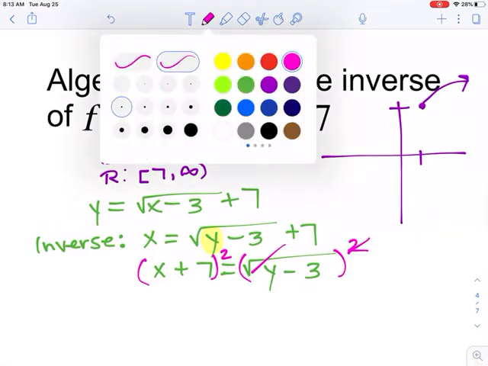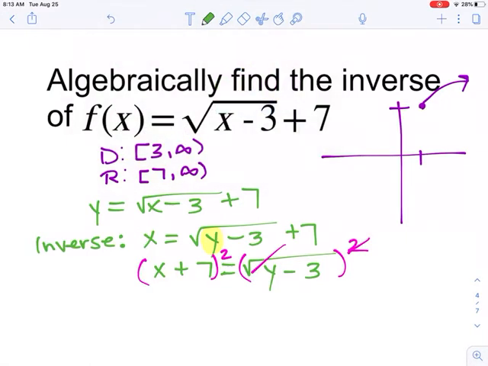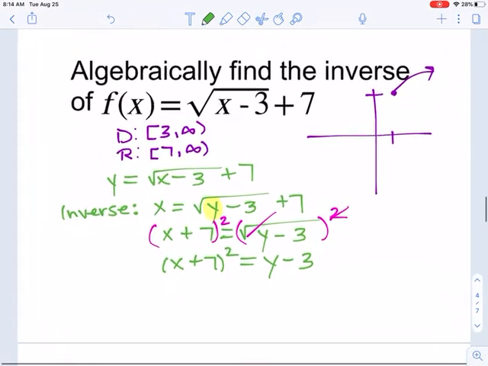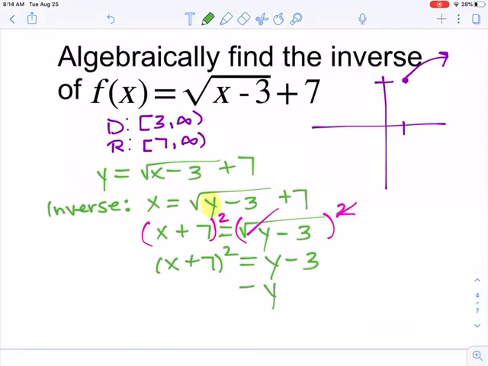So we would need to take both sides and square them, so that the square root and the square can cancel. So please just leave this as x plus 7, the quantity squared. Then we can add over the 3.